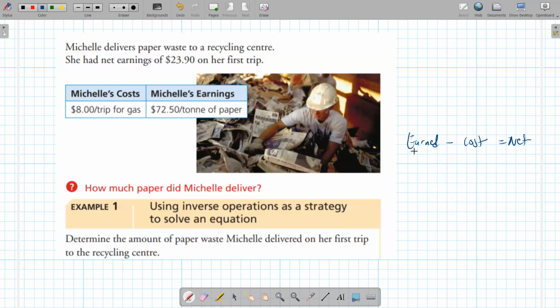She earned 72.50 times x, where x represents the number of tons. And she only did one trip, so minus $8 for the trip equals net earnings of 23.90.